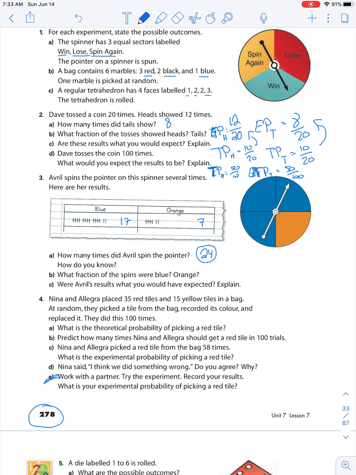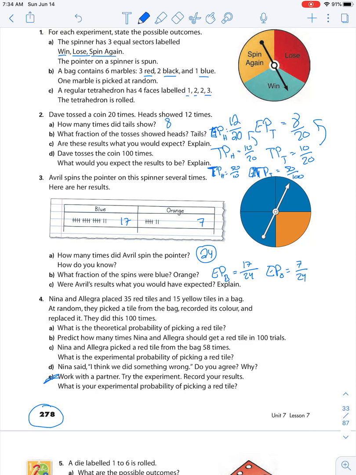Okay, how do you know? We just added them together. Okay, next one is what fraction of spins were blue and what were orange? Okay, so now we have experimental probability of blue was 17 over 24, and experimental probability of orange was 7 over 24. Were her results what you would have expected?